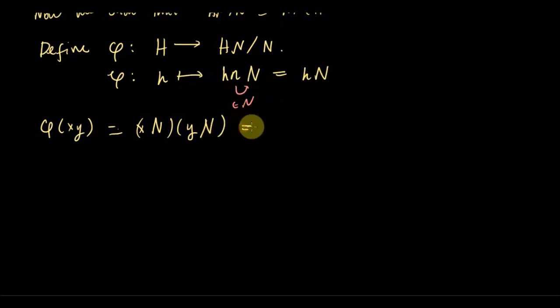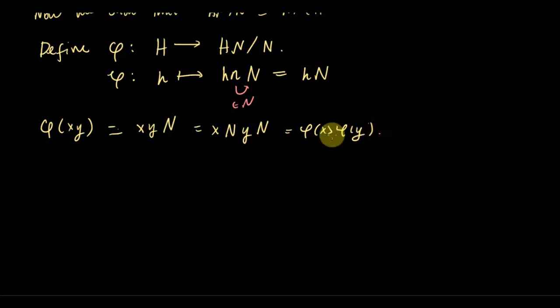But now we know that this is just x n, y n by how we compose the elements of quotient groups. Actually, no, this should have been the other way around. I'm sorry. So this is xyN, but then because of how we compose elements in quotient groups, this is the same as that, and then this is the same as that. So we indeed have that phi is a group homomorphism.